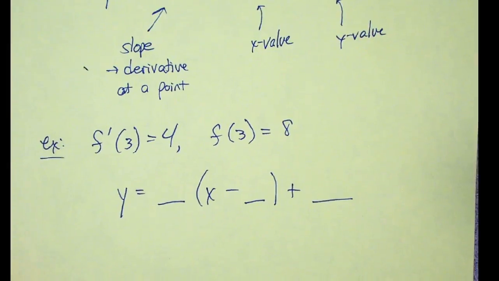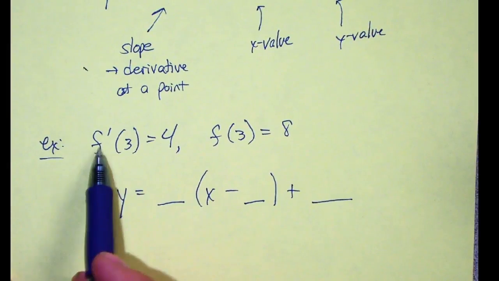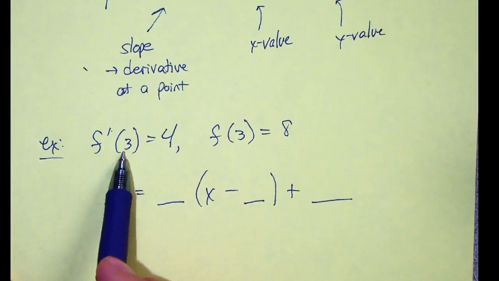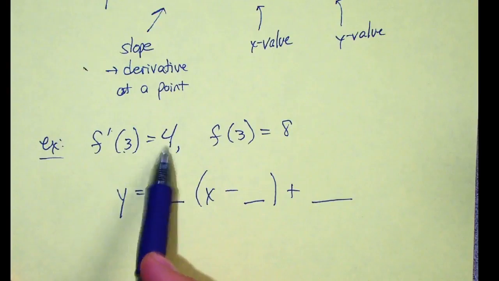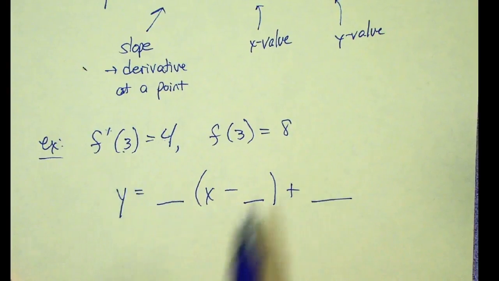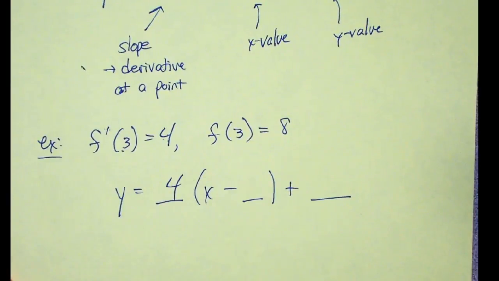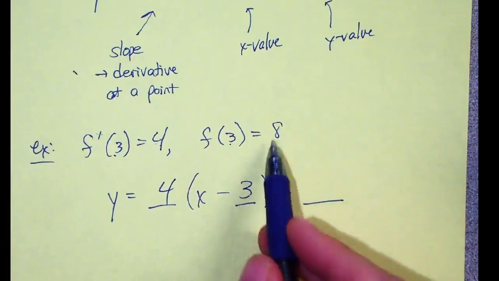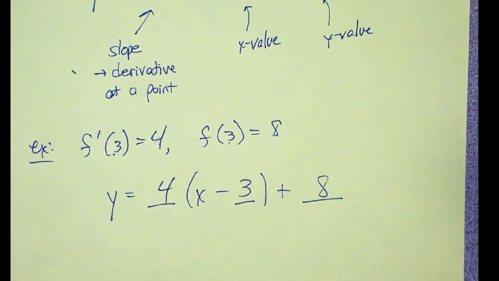But what's going on here is they're telling you the derivative when x equals 3 is 4. So when the x value is 3, your derivative is 4. That means your slope is 4. When you see this prime here, the number on the other side tells you the slope. So the slope goes there. And then the x value is 3, because you got a 3 in both spots there. And the y value is 8. And that'd be the equation of your line.